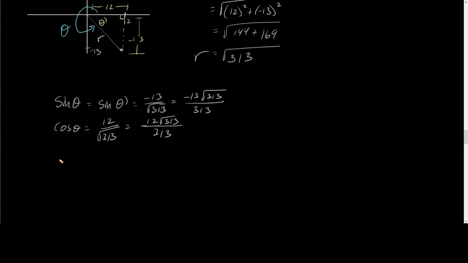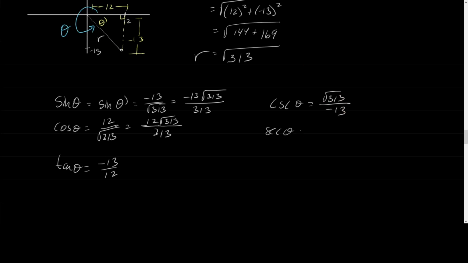Tangent, opposite over adjacent, so negative 13 over 12. Cosecant was hypotenuse over opposite, so radical 313 over negative 13.